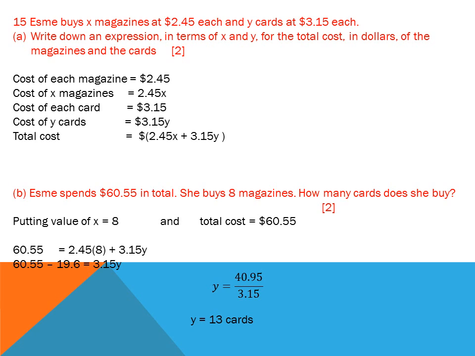In this way, I find that 60.55 is equal to 19.6 plus 3.15y. When I take the 19.6 to the left hand side, it will be negative. Then finally I find that y is equal to 40.95 over 3.15. So the number of cards is 13.